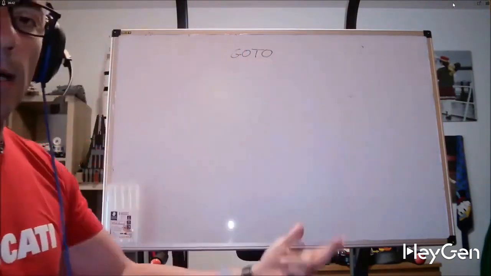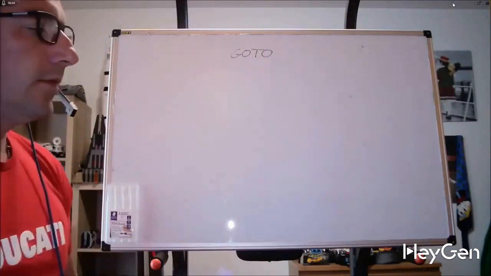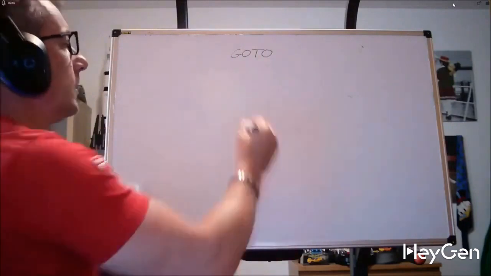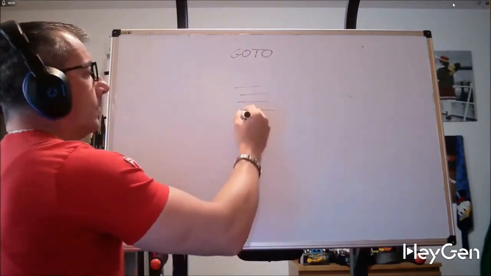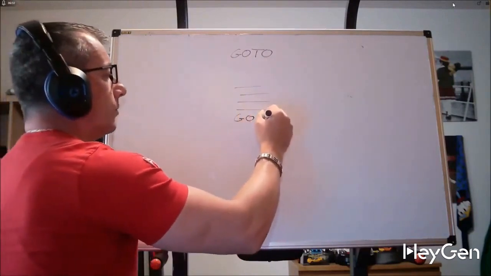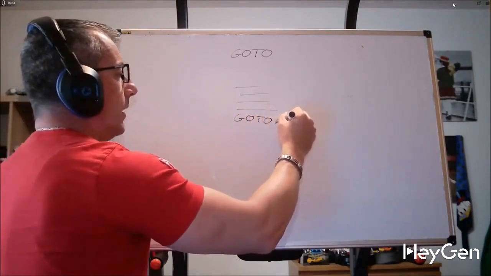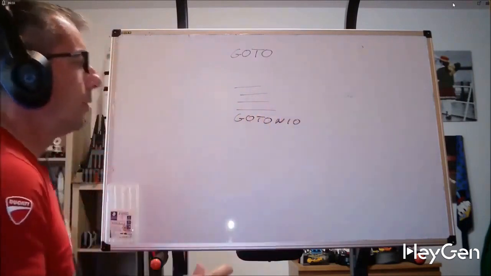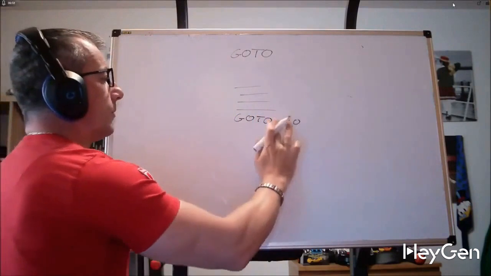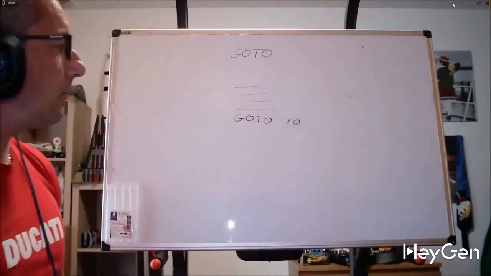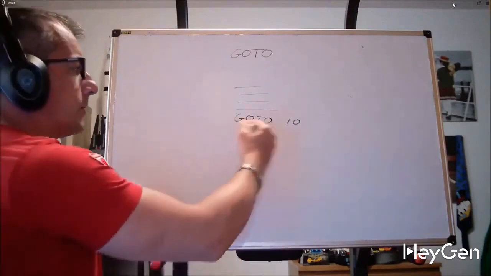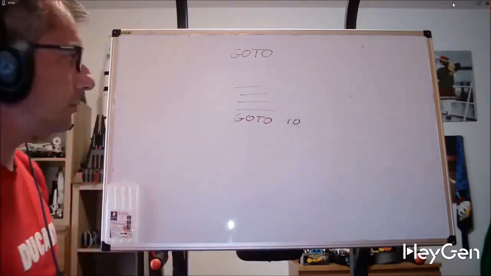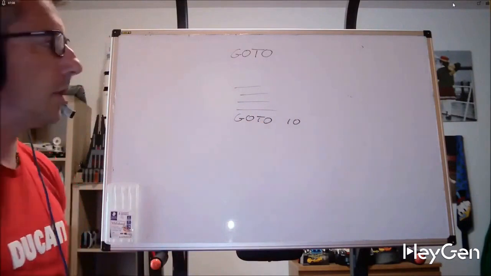So if I have a series of blocks and I write go to 10, for example, in the case of Fanuc, the N isn't needed. What will the machine do? It will make an unconditional jump, regardless of what's written above, no matter what, to block number 10.